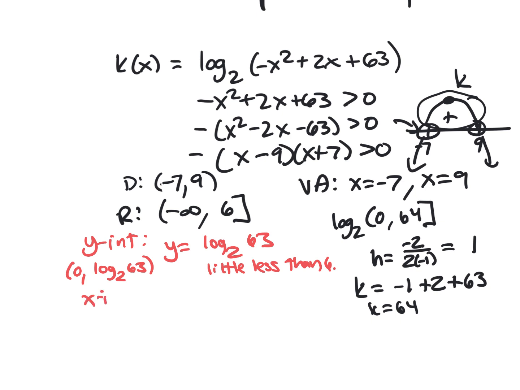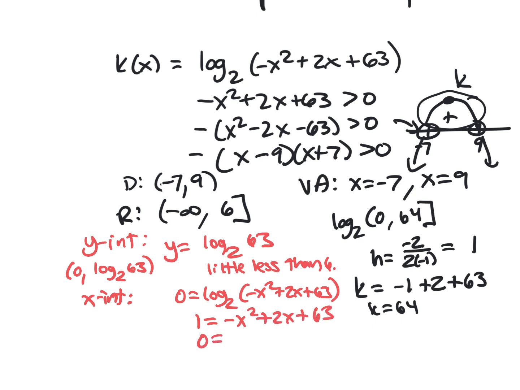And the x-intercept, okay, I have a feeling this is going to be less fun. So to find the x-intercept, set y equal to 0. So 1 equals negative x squared plus 2x plus 63.